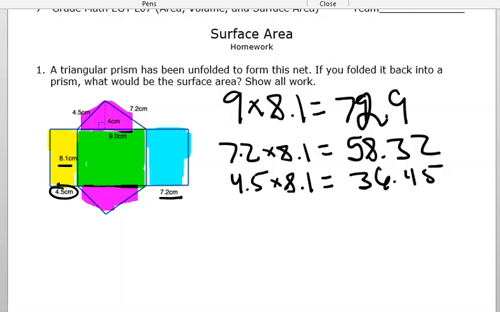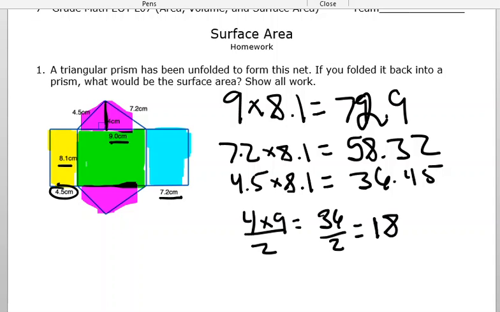And in this case, my base right here is 9, and my height is 4, and you'll see this is where it would have come perpendicularly. So I have 4 times 9 divided by 2, 36 divided by 2, which should give me 18.